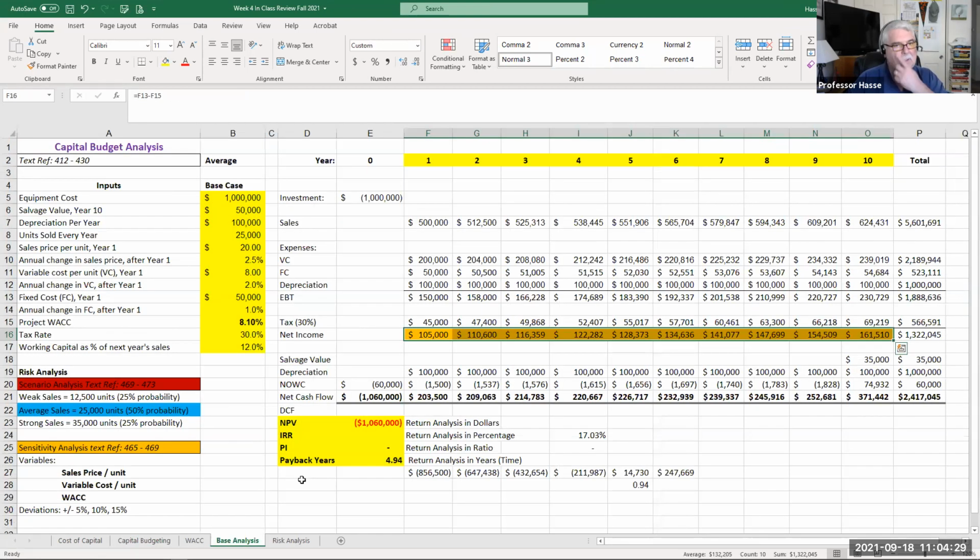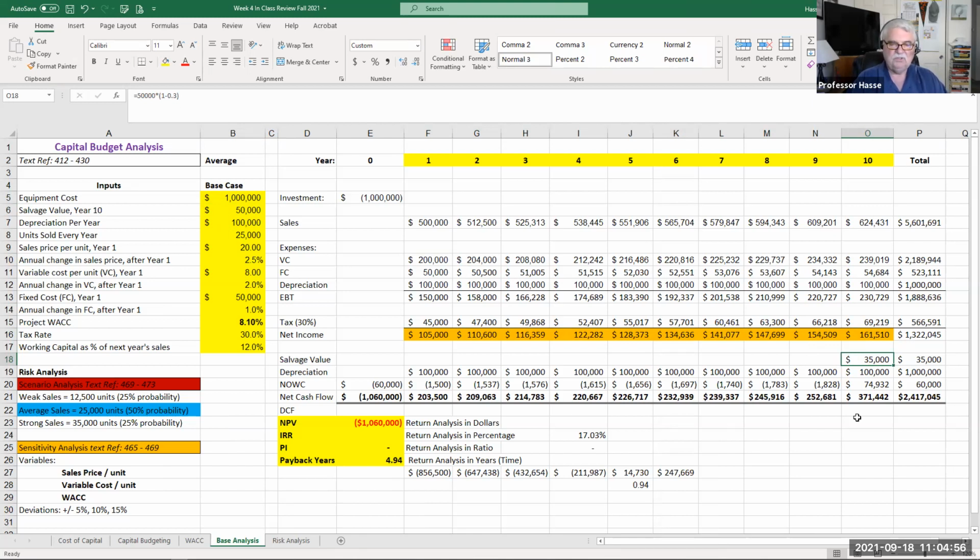So notice here, this project has an investment of $1 million, fully depreciated over 10 years, but with a salvage value of $50,000 in year 10. There it is right there. In other words, at the end of 10 years, fully depreciated, they're estimating to get $50,000 of scrap or salvage off this asset of $1 million.